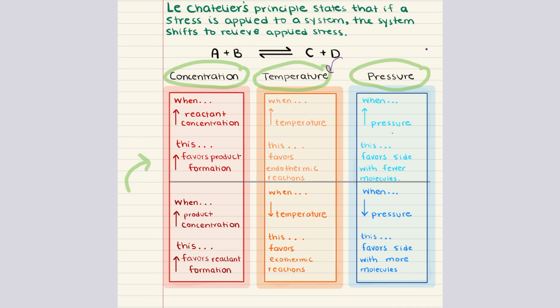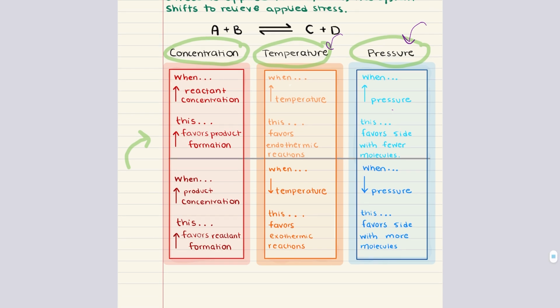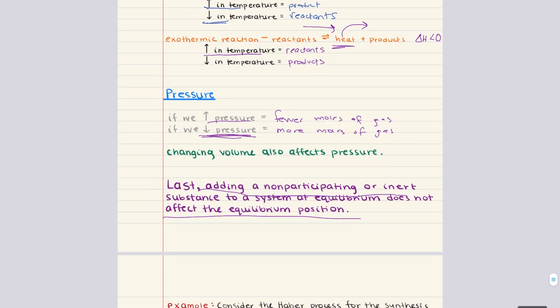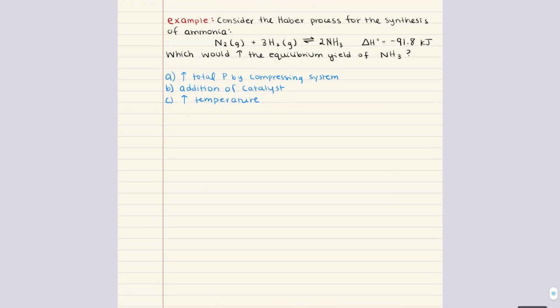And then finally, for pressure, the system shifts to produce fewer moles of gas when pressure is increased or volume is decreased, and more moles of gas when pressure decreases or volume increases. Keeping that in mind, let's go ahead and tackle a practice problem together.